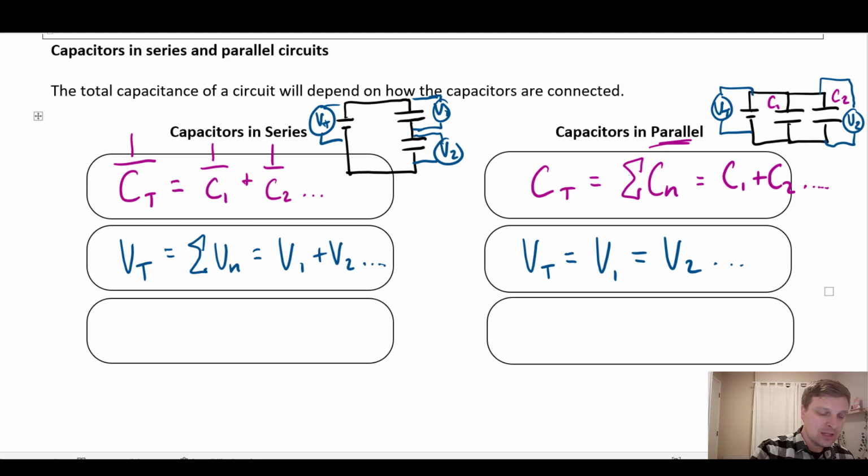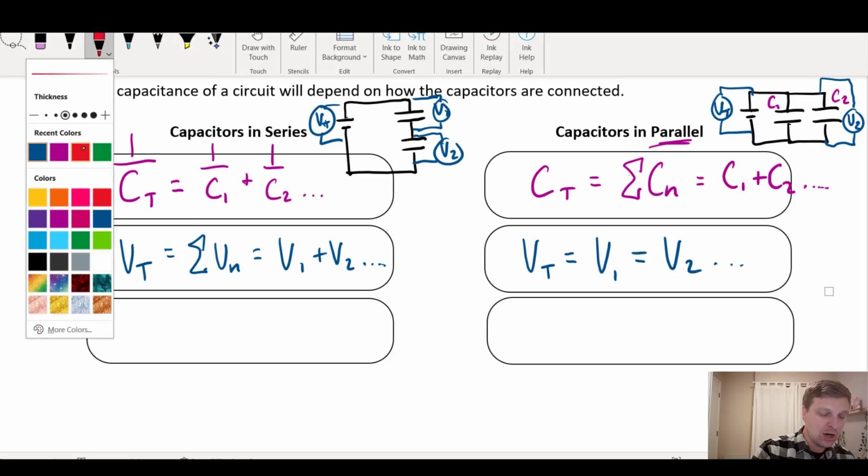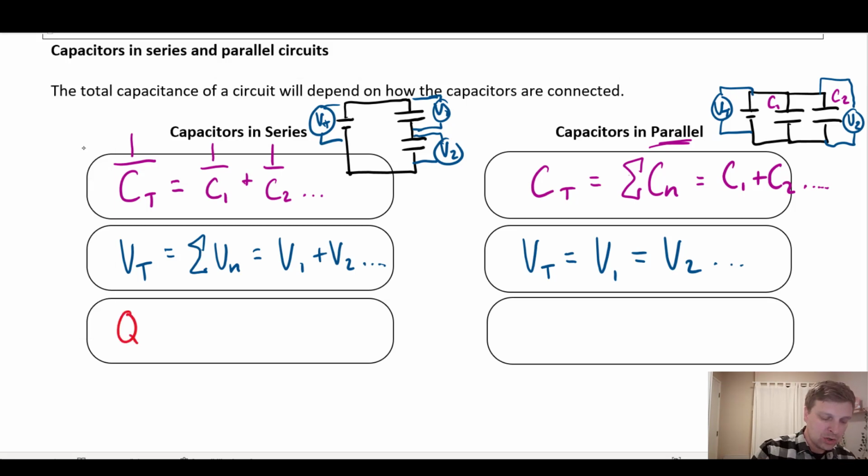And the last thing I want you to think about is charge. So let's talk about total charge. Now, when I talk about total charge, we have to be kind of careful here because a circuit is a closed system, right? The charges aren't entering or exiting the circuit. And so the total charge in the circuit is going to have to stay constant.